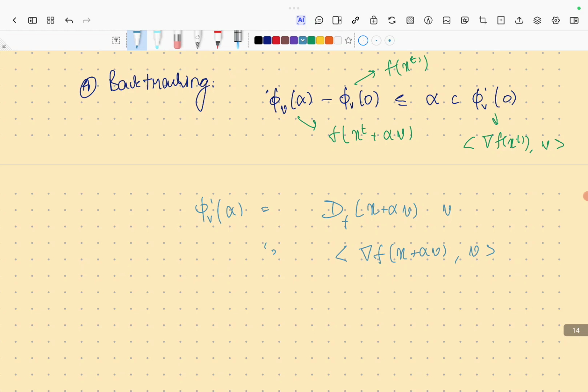Okay, so these are sort of commonly used search methods. So you have a higher dimensional optimization problem, you try to, at every step, convert it to a one-dimensional search problem and try to solve that one-dimensional search every time.